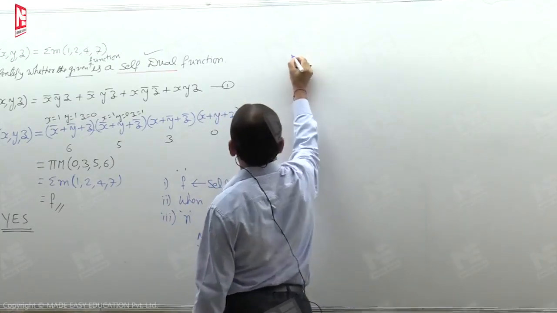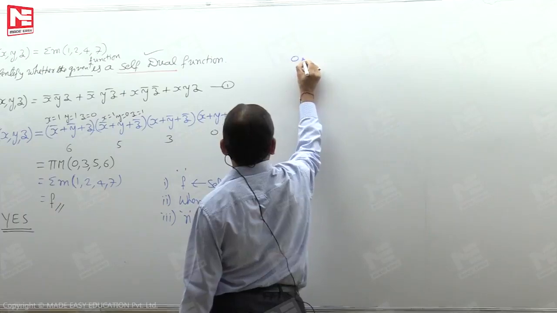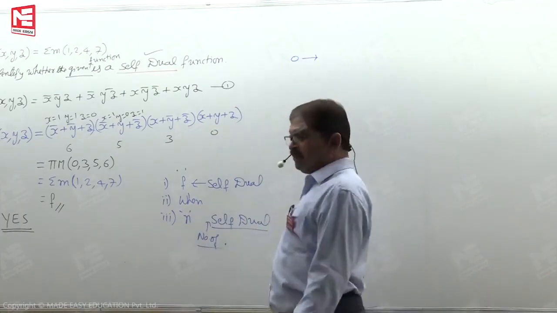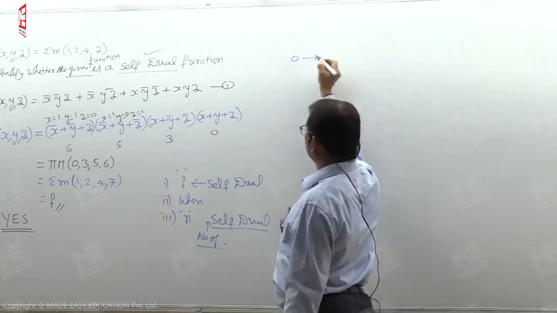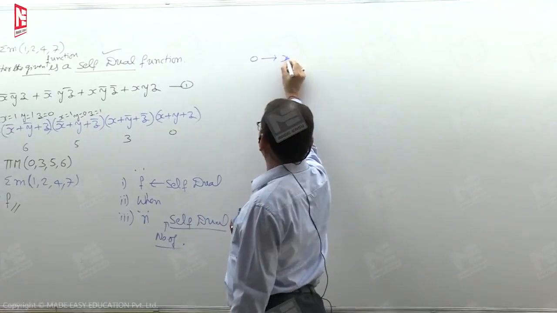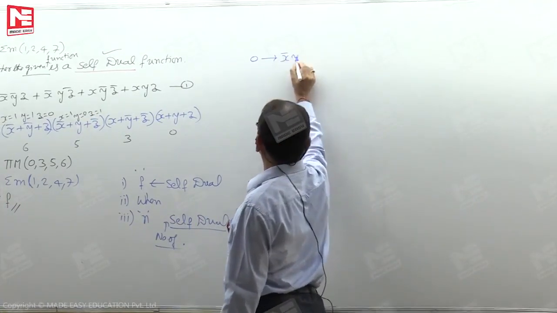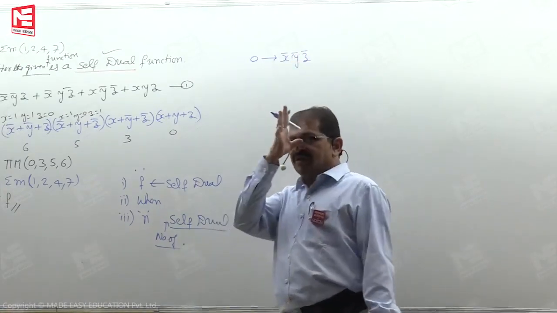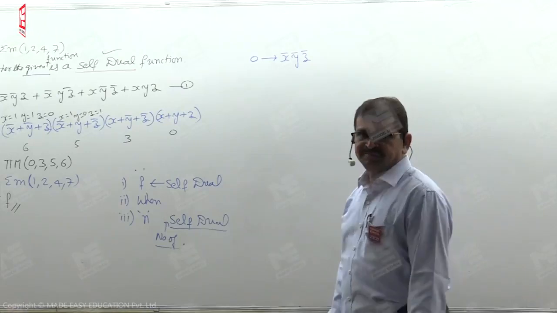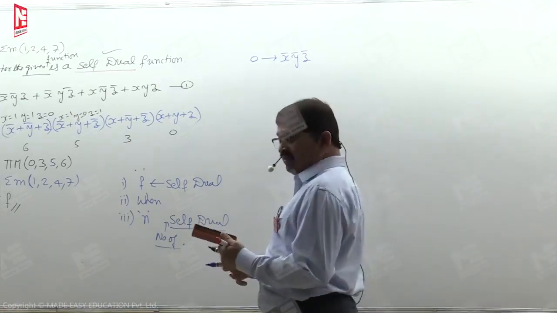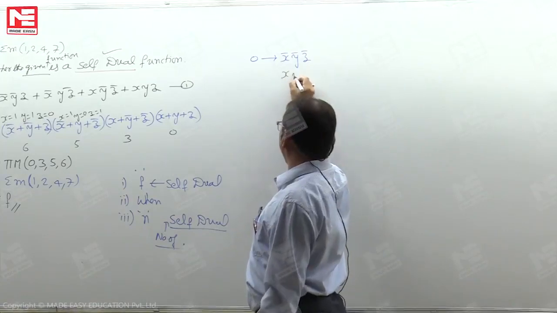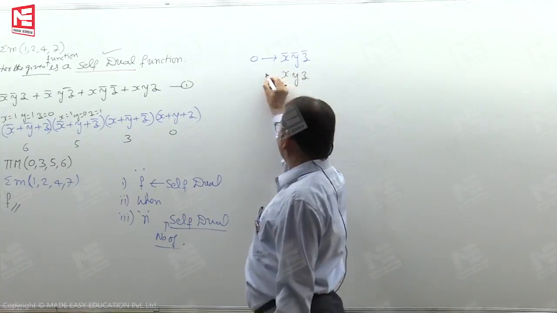When we are having these three variables, for minterm 0, the product will be x complement, y complement, z complement. On each one of the literals, if you take the complement operation, then it will be x, y, z.